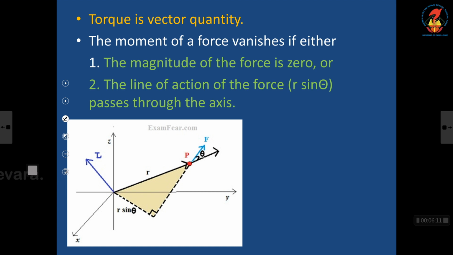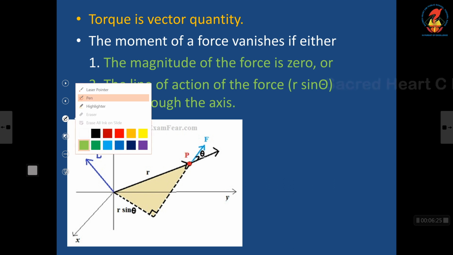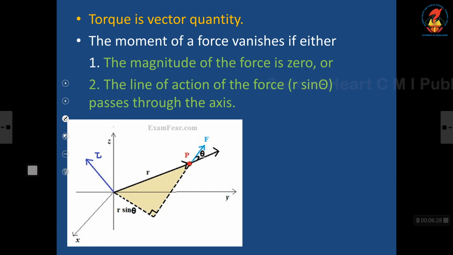Number 2, the line of action of force, that is r sin theta, passes through the axis, so the distance is 0.